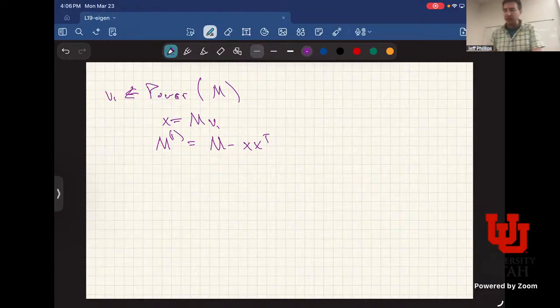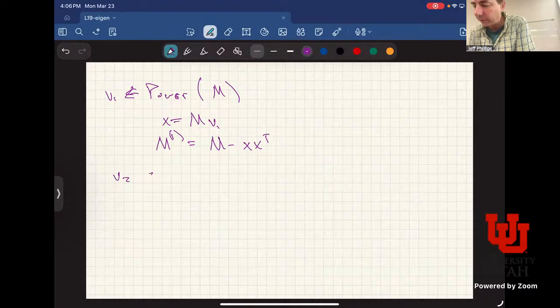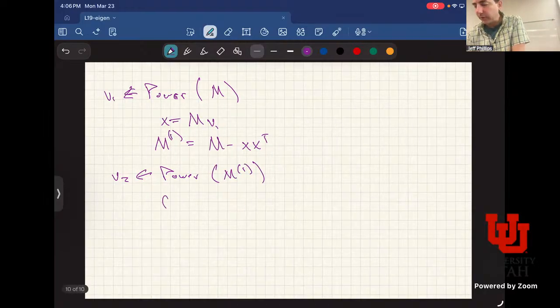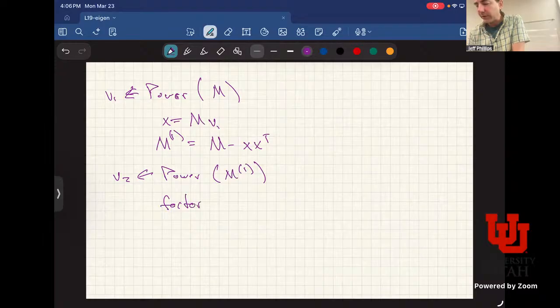And now I'm going to get V2 from the power method of M1, and then I'll factor out V2.